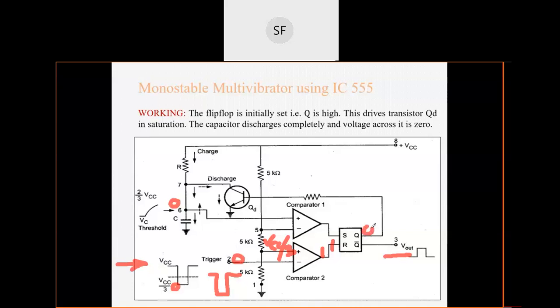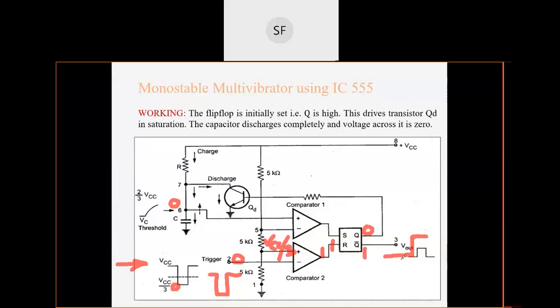So now your Q becomes 0 and Q bar becomes 1 because they will be always complementary in nature. So now Q bar 1 हो गया आपका. Q bar is nothing but output. So see here, I am just going to the other state. है ना, ये जो transition है from 0 to 1, now this is happening and your output will remain in this state for some period of time.